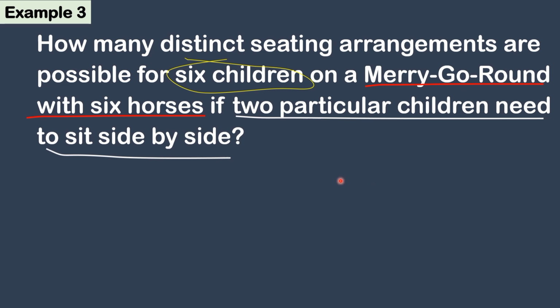That is 5 minus 1 quantity factorial. Then arrange the 2 children within their block.